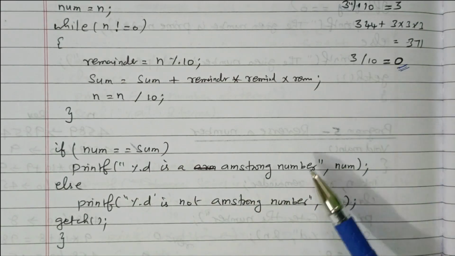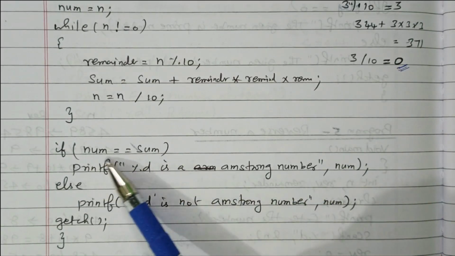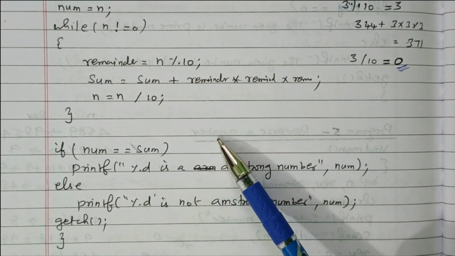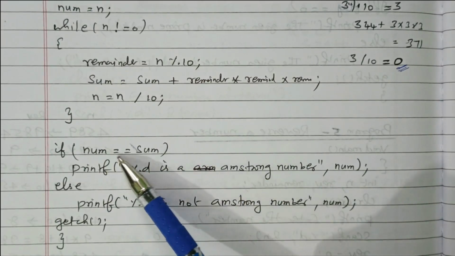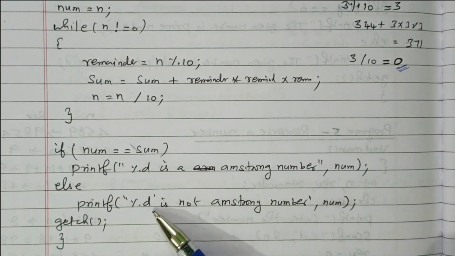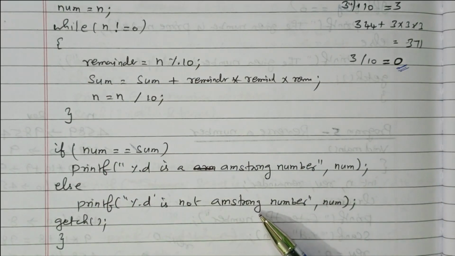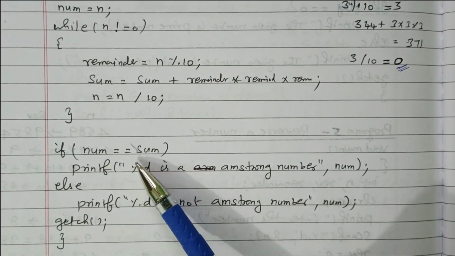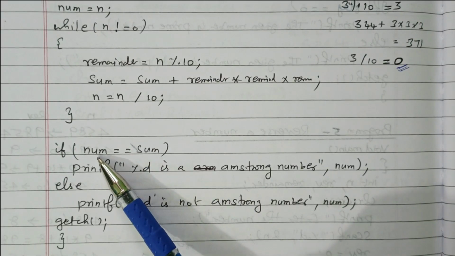Right? For example, 371 means these two will be equal. For some other number like 200 or 300, these two are not equal. Else the printf of %d is not an Armstrong number. Right? So by checking these two values, this n is the given number.